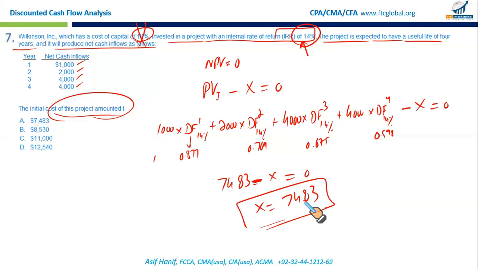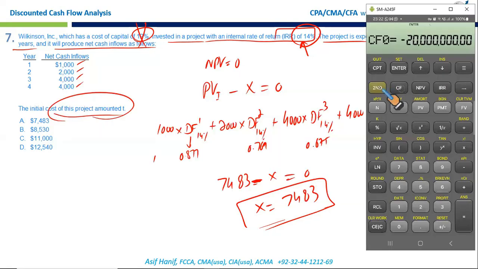So now let's say if we are required to do this question using a financial calculator, what will you do? The first thing you will do is clear your work, clear tables, and now plug in. We don't have cash flow at year zero, so we can't put anything. NPV zero, that we know for sure. We need to find the initial investment.